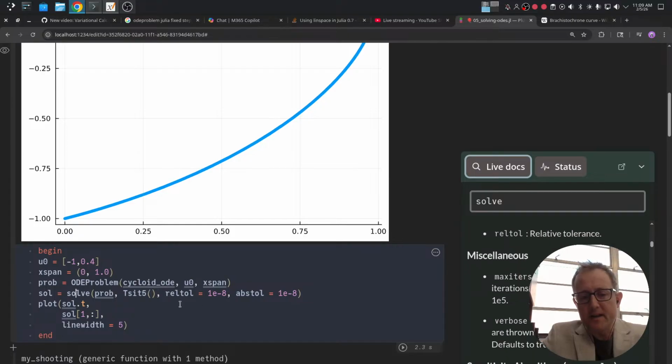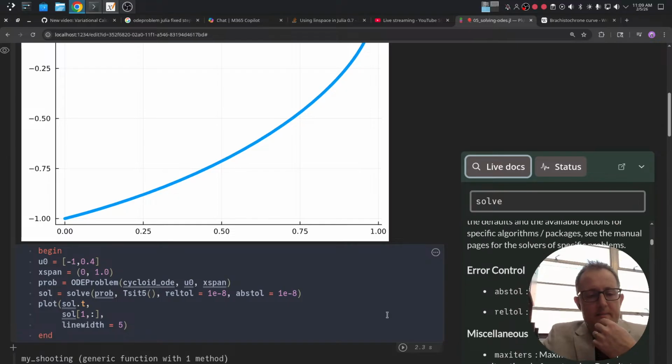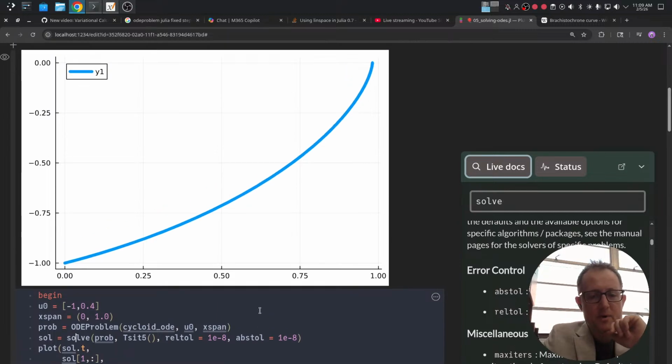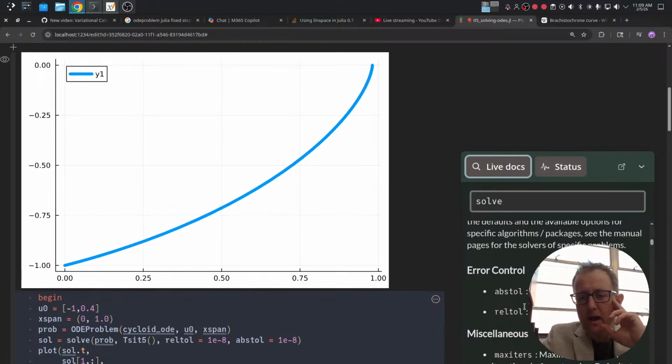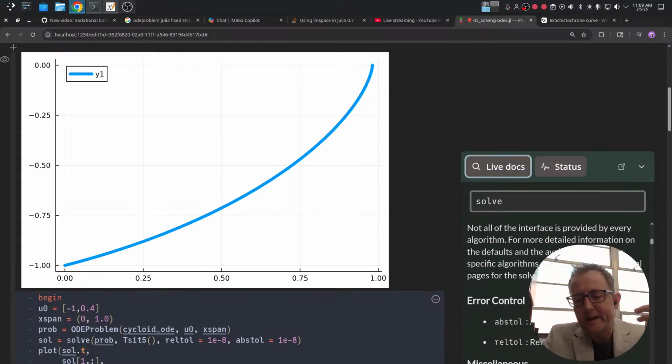We can specify the relative tolerance and absolute tolerance. I don't know why I'm specifying both. I grabbed this from an example. I think one is overriding the other. But anyway.